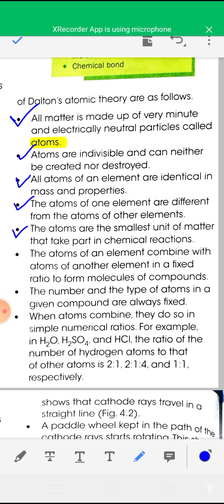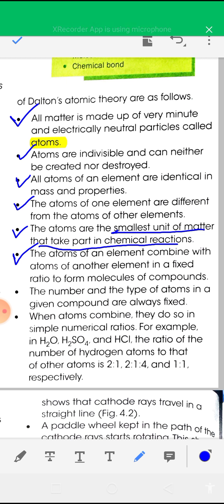Atoms are the smallest unit of matter that take part in chemical reactions, and atoms of an element combine with atoms of another element in a fixed ratio to form molecules of compounds.